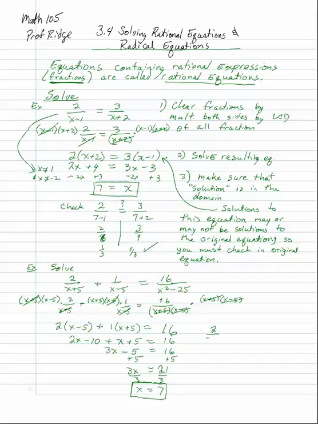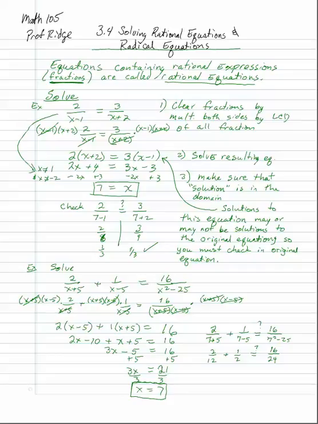Sometimes you get what are called extraneous solutions, which are answers where we didn't do anything wrong mathematically, but it's not a solution. So 7 squared minus 25. So we get 2 over 12 plus 1 over 2. Does that equal 16 over 24? 49 minus 25 is 24.